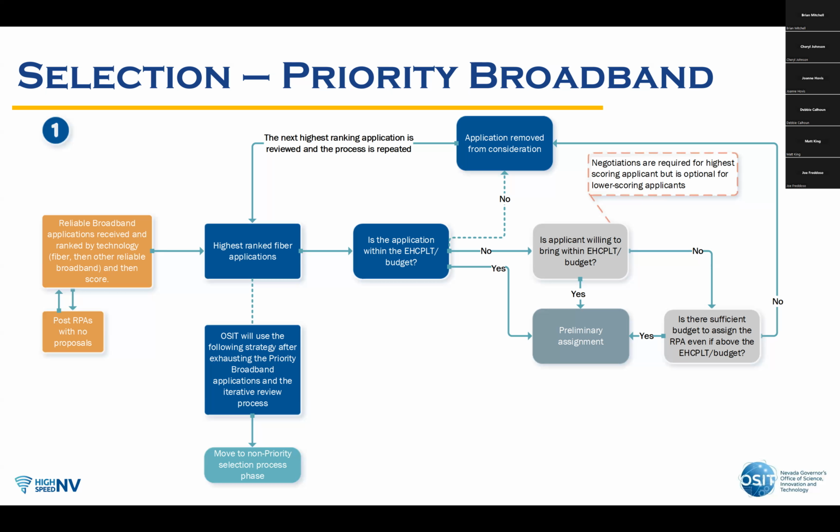And then OSIT will follow the process that was laid out in that NTIA graphic, first considering the fiber applications, the priority broadband projects, looking at those that are highest ranked, taking the highest ranked application for each regional project area or RPA and asking, is the highest ranked application within the budget, within the extremely high cost per location threshold?